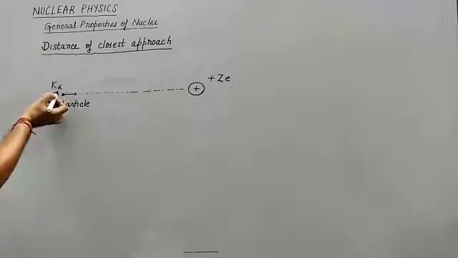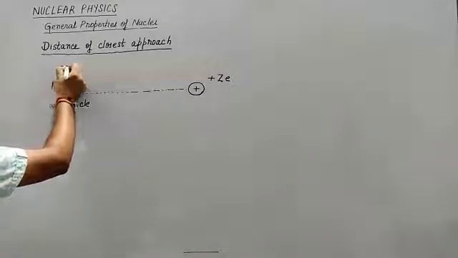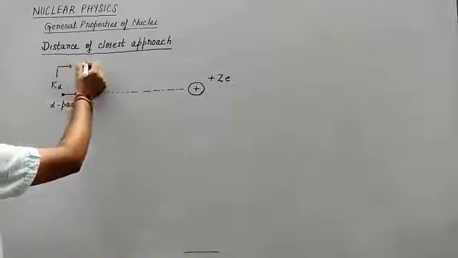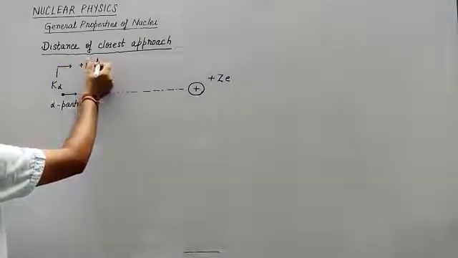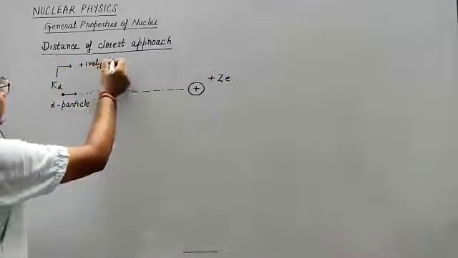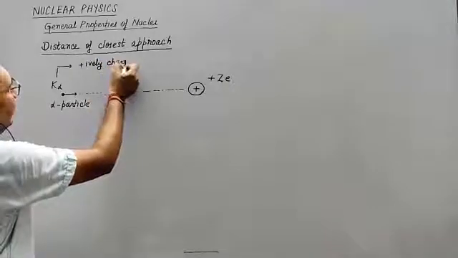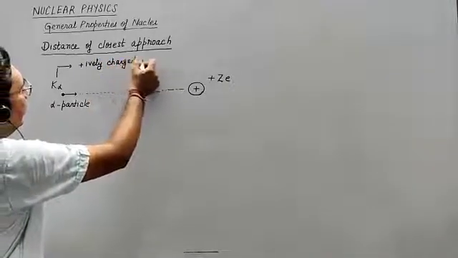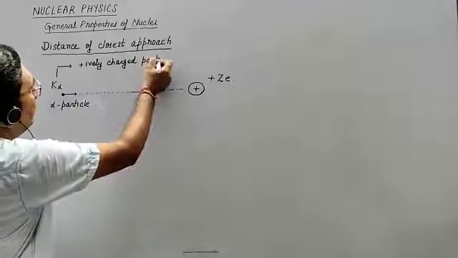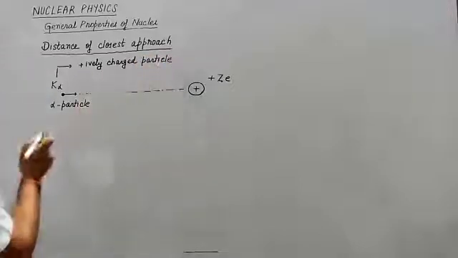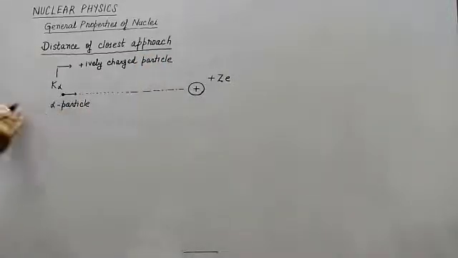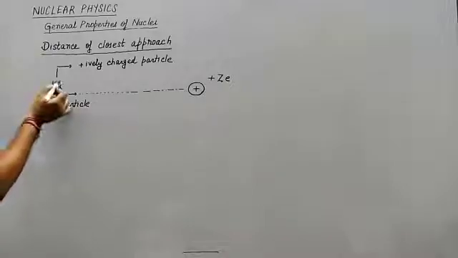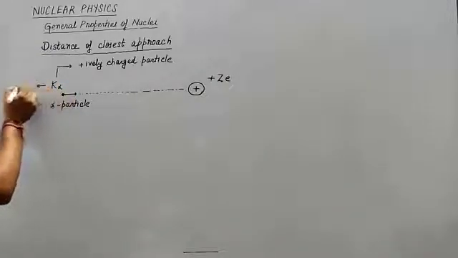This alpha particle is also a positively charged particle. Initially, the kinetic energy of this alpha particle is K alpha.